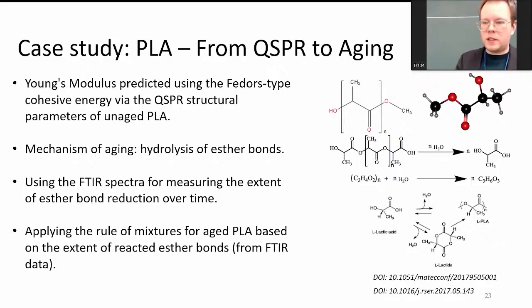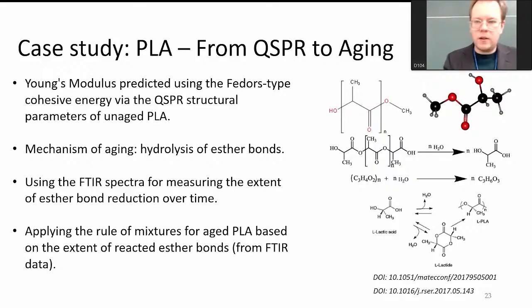And this is basically the proposal that we had, in a sense that since the QSPR methodology can be used to link the chemical structure with their final properties, and we know, for example, how the hydrolysis happens, we know how the material will look as a chemical structure after the hydrolysis has happened, and therefore we can put the structural parameters of graph theory to the aged polymer and see how the end case looks like, the start case looks like, and then use the chemical kinetics to get in-between cases.